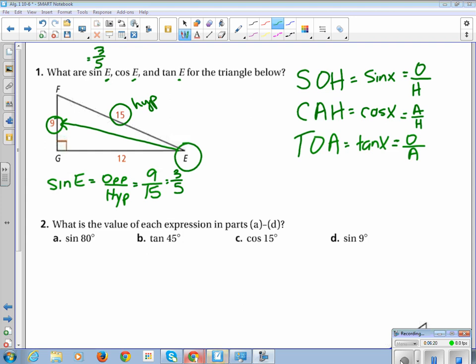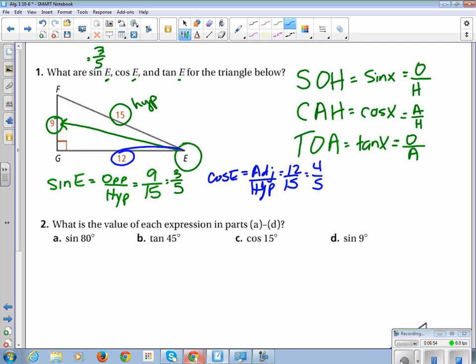And that's it. That's the answer. 3/5 is the answer. Nothing else. Nothing more. Nothing crazy. Cosine E is the adjacent over the hypotenuse. And the adjacent side is 12, so one right next to the E. And we determined the hypotenuse was 15. So we're going to reduce that down, and 3 goes into both of those.